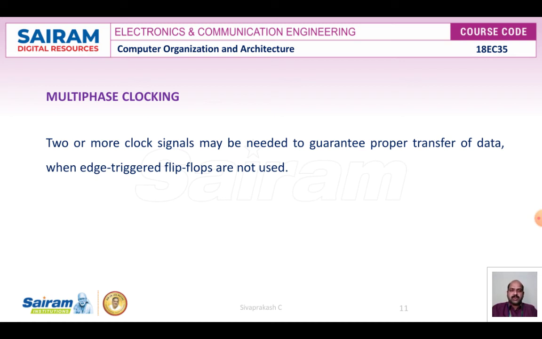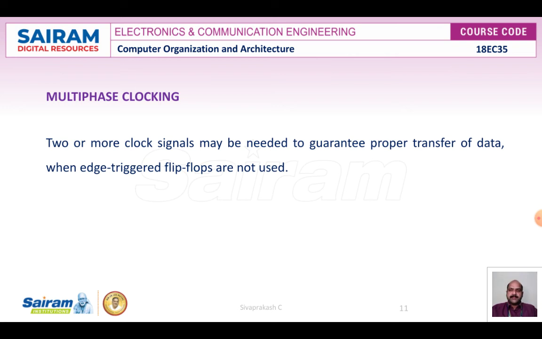When edge triggered flip-flops are not available or not used in the circuit, two or more clock pulses may be needed to assure that the proper data transfer happens. Such a process is known as multi-phase clocking.